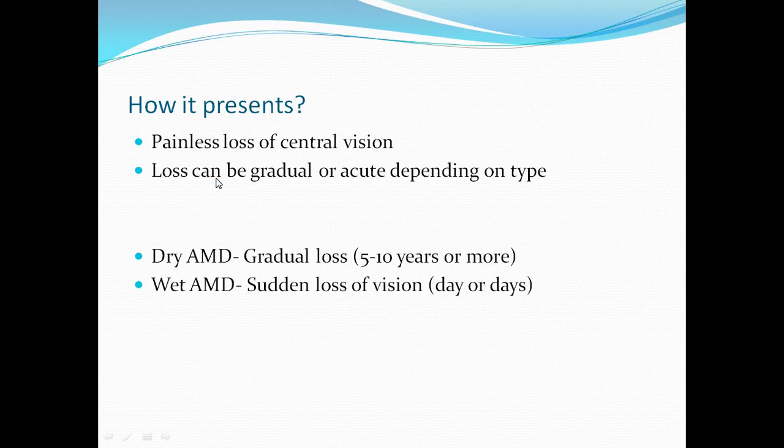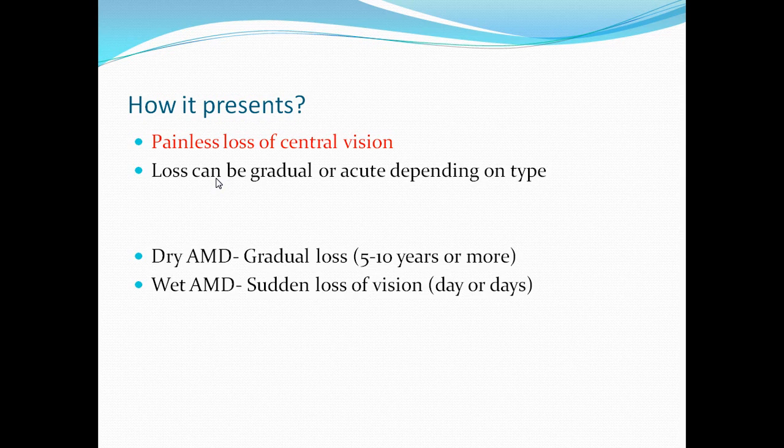It presents with the painless loss of central vision. The classical presentation is painless loss of the central vision. The peripheral vision is perfectly normal. This is how you differentiate it from other causes for loss of vision, where the peripheral field of vision as well is affected.